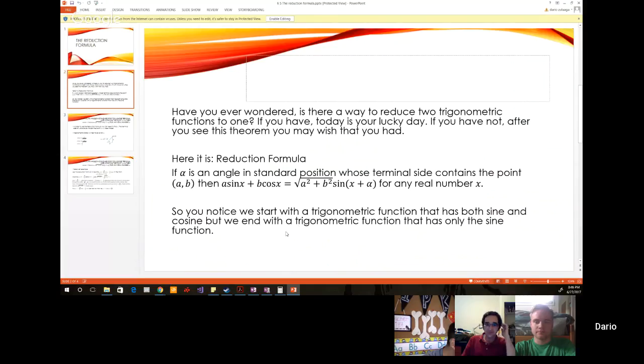Okay, so essentially it's factoring then. Yeah, so it's going to be taking two separate functions and reducing them into one.